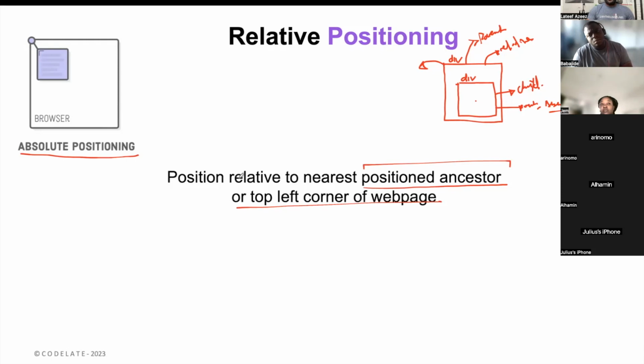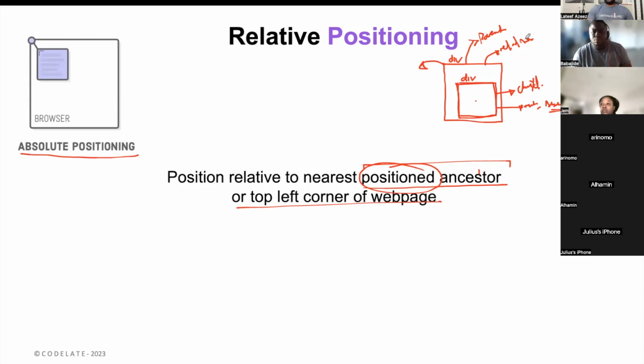When you set an element to absolute position, it takes a position relative to the nearest positioned ancestor, meaning that even though it has a parent, the parent must also be positioned for you to see the effect of this absolute positioning in this smaller div. Maybe I should have used a different color for this. So to do that, you set the smaller div to absolute, and the parent would be relative.